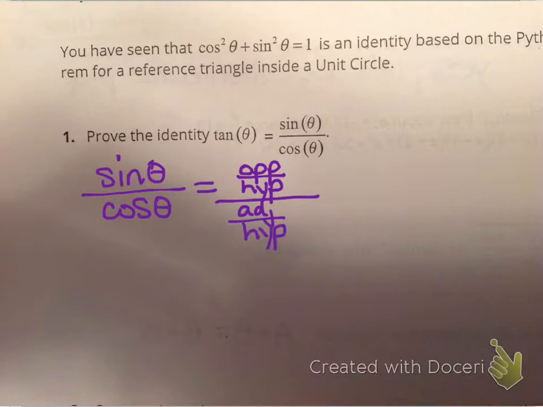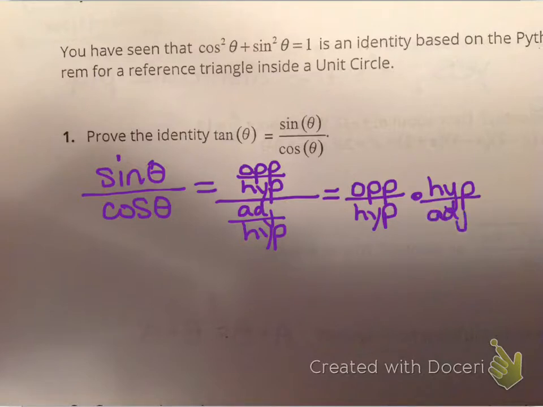And so by rewriting it like that, what you've just generated is a fraction that's being divided by another fraction. The next thing you would do is rewrite it as multiplying by the reciprocal. So it's still opposite over hypotenuse, but then it becomes multiplication by the hypotenuse over the adjacent side.